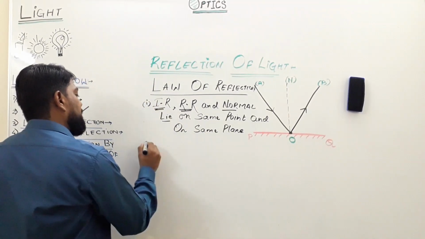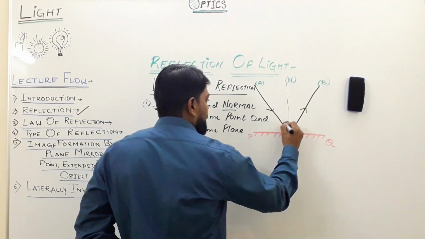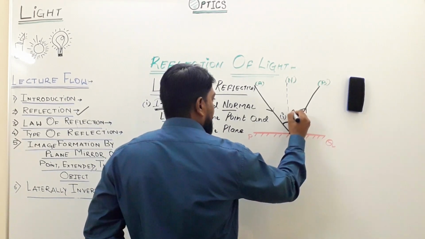And the second law of reflection is about this angle. This angle is known as the angle of incidence, and this angle is known as the angle of reflection.